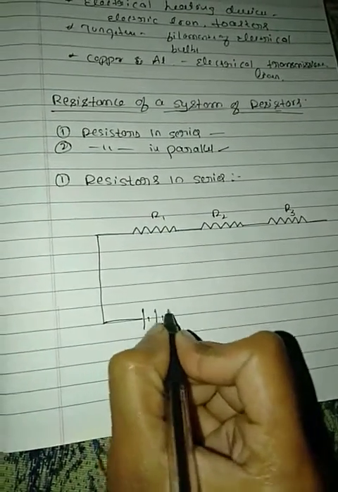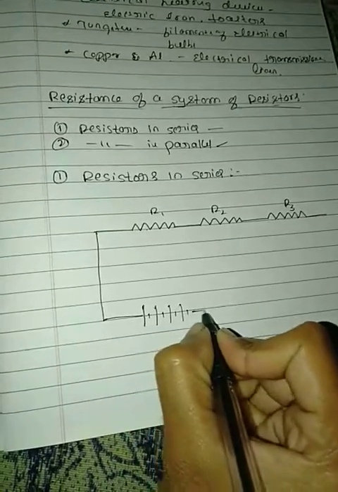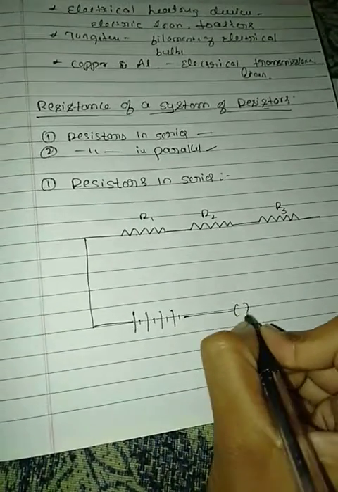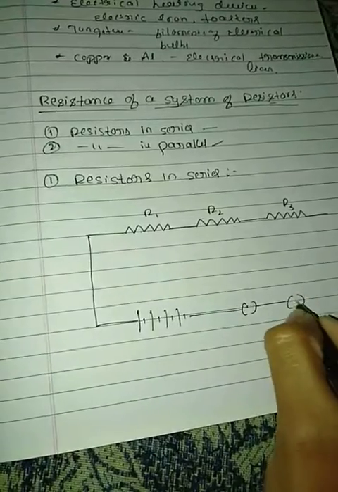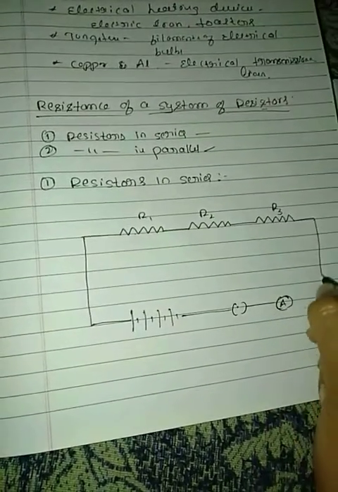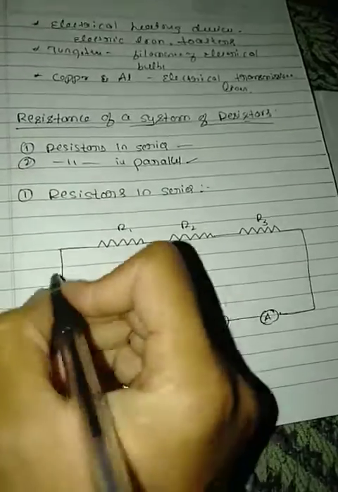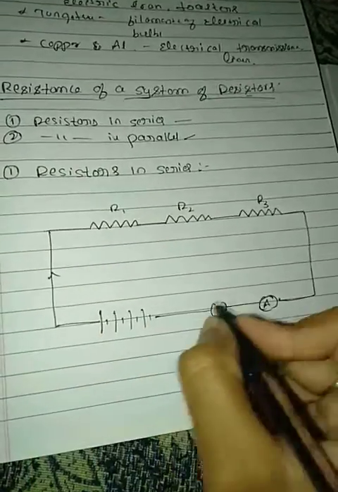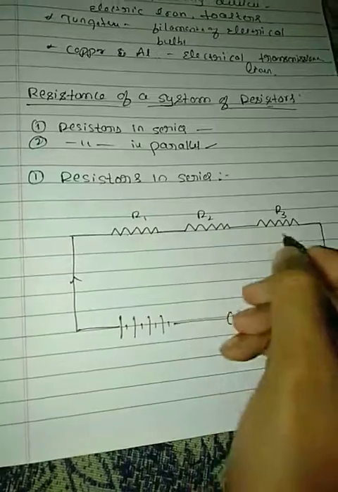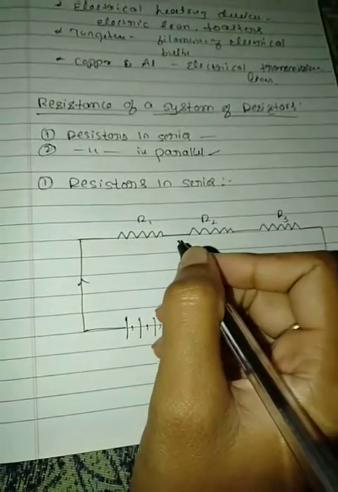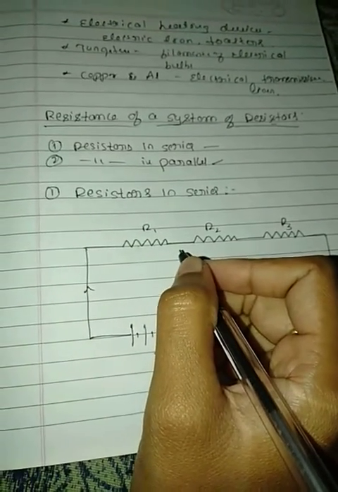This is the battery or cells, this is the plug key, this is the ammeter, and these are the resistors. Here the voltmeter is connected in parallel. We know that the ammeter is connected in series, and voltmeters are connected in parallel.